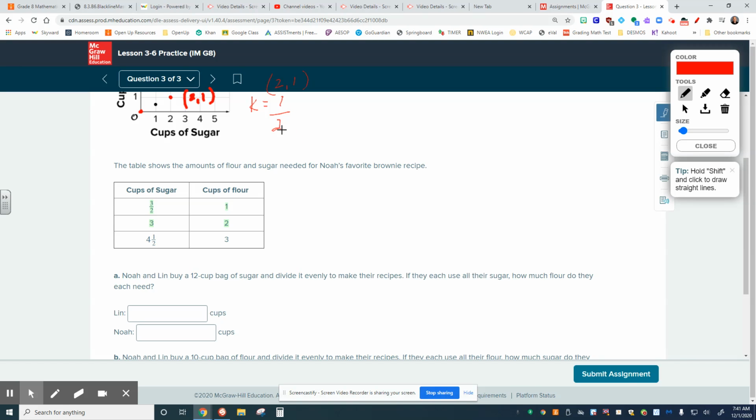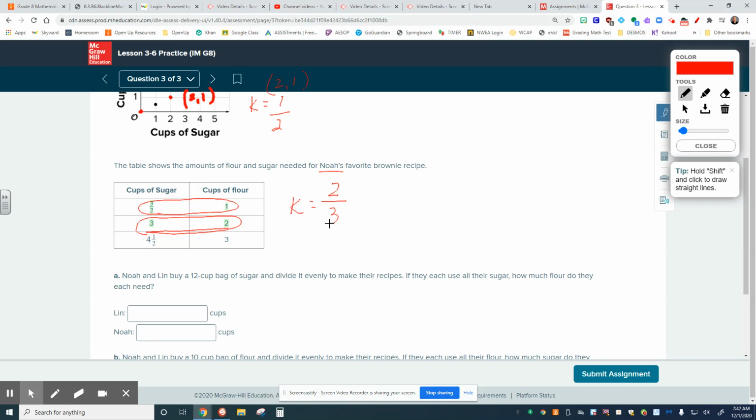When we're talking about Noah's information, I don't think it's very easy to use this right here, but since I see integer values right here, I think it's good to see that his constant of proportionality is 2 cups of flour to 3 cups of sugar.